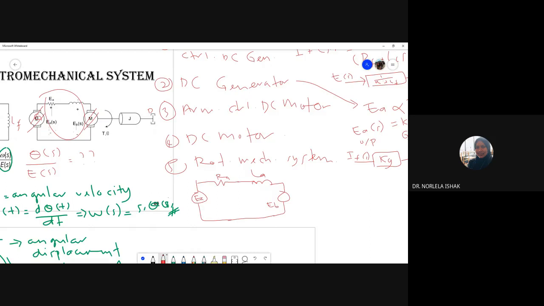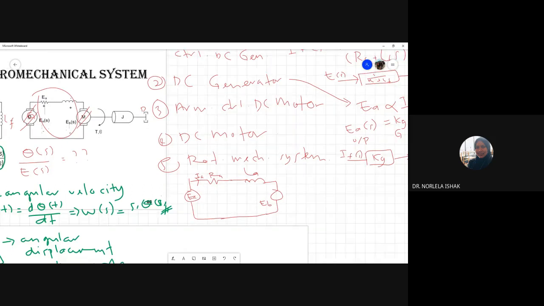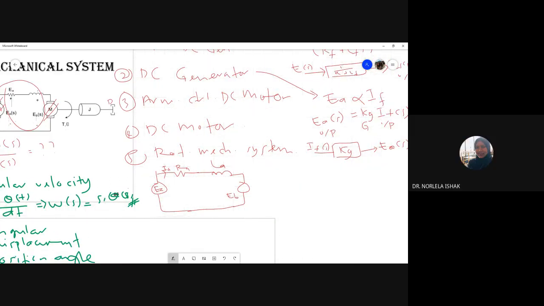So apa equation dia? Kirchhoff. Dan dekat sini current IA. So what equation you can derive from here? What's the input? Input EA lah kan? Yes, input is EA. EAS equal to VRA. VRA lah kan?